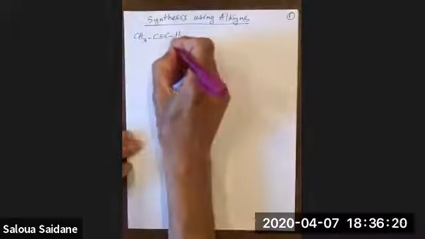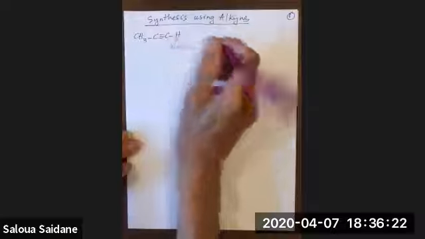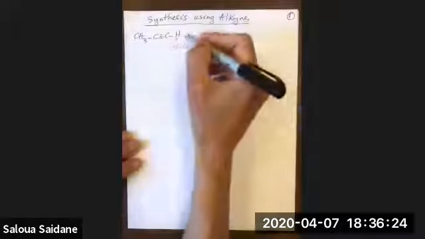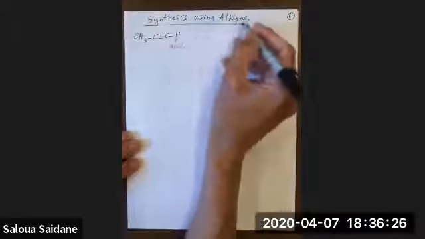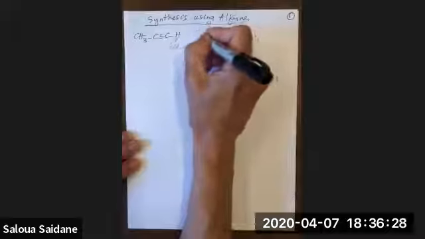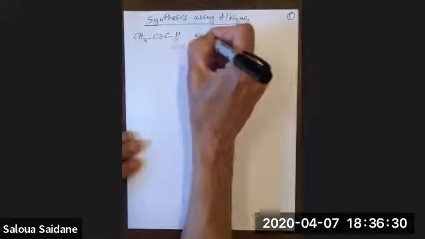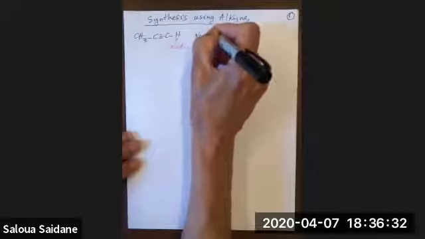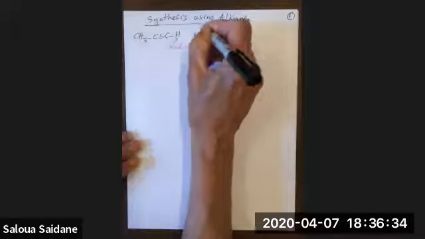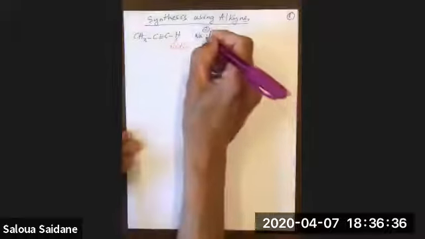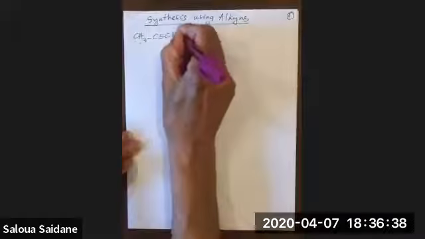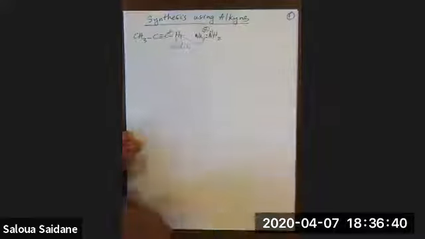is acidic. Why? Because if I bring a strong base, and usually alkynes react with a strong base such as Na, NH2 minus. So what NH2 minus does, takes the H, and this falls here.